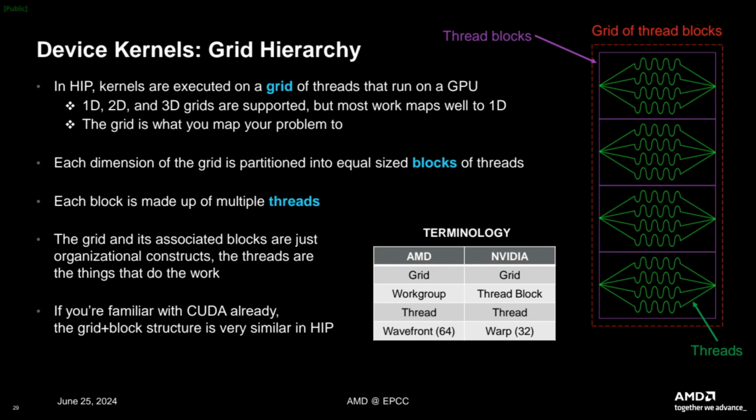In fact, if you are familiar with the concept of warp from NVIDIA, which is basically a chunk of 32 threads, the equivalent for AMD is called wavefront, and it's composed of 64 threads instead. And the thread block for AMD is called workgroup.